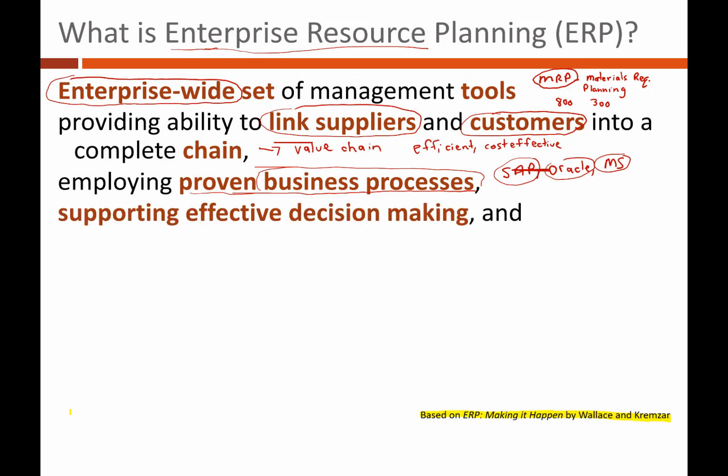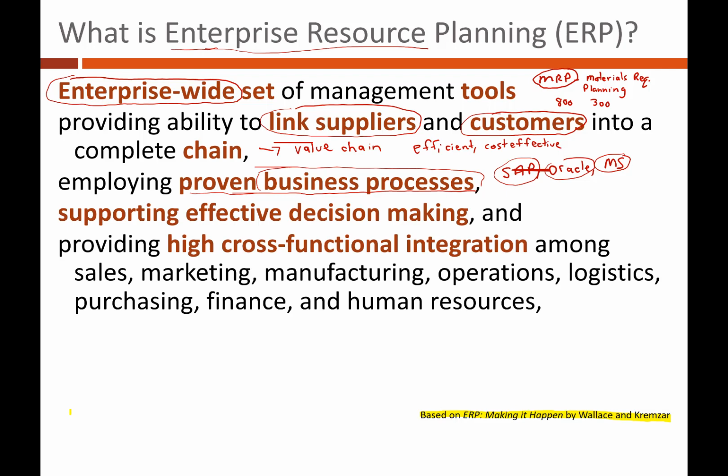We've talked about, particularly last week, when we talked about business intelligence, how the goal of an ERP system is to support effective decision making in an organization. One of the ways it does that is by providing high cross-functional integration.